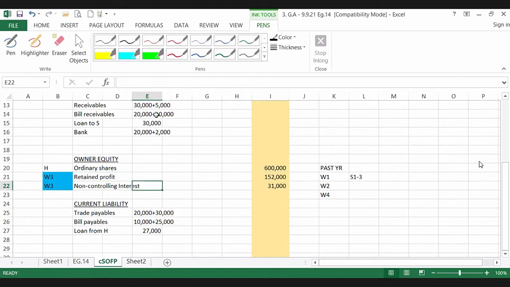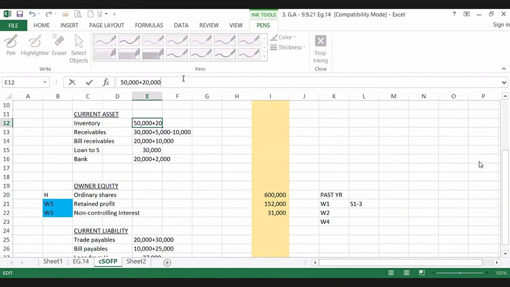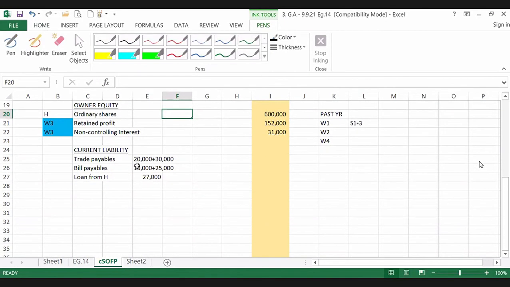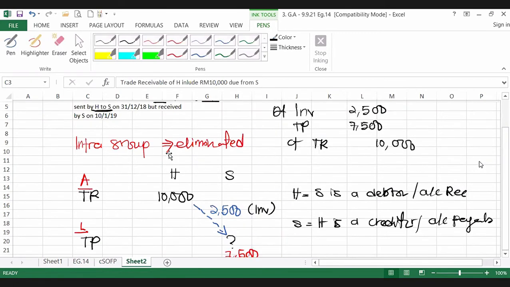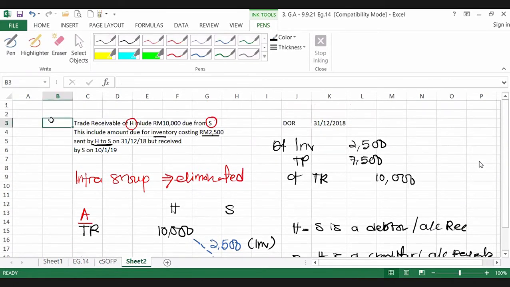Our receivable, I have to minus 10,000. Our inventory, I have to debit back 2,500. And our trade payable, I have to minus 7,500. So that was the adjustment for B.